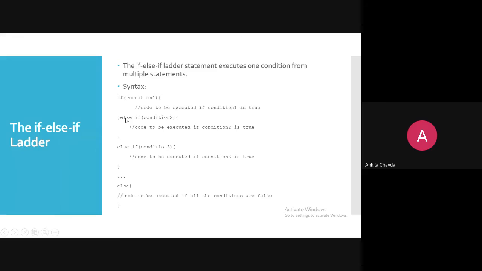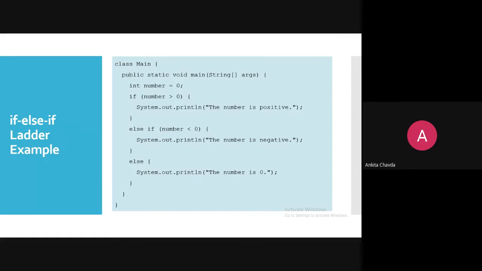Again, you write the second one: else if. If that is not the condition, then check the second, condition number 2. If that is again not correct, again else if, condition 3 and so on. And at the last you write else, and that would be executed. Clear this thing? So that is the ladder if else.